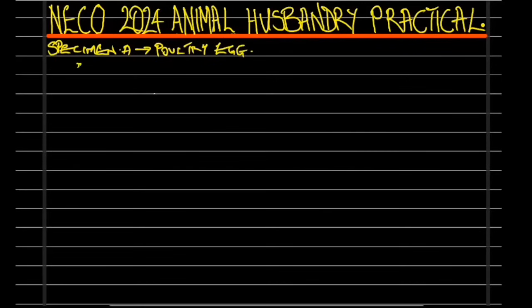And we have our specimen B. The specimen B is fresh milk. We have specimen C to be tail of cattle. And our specimen D, we have it to be the elephant grass.